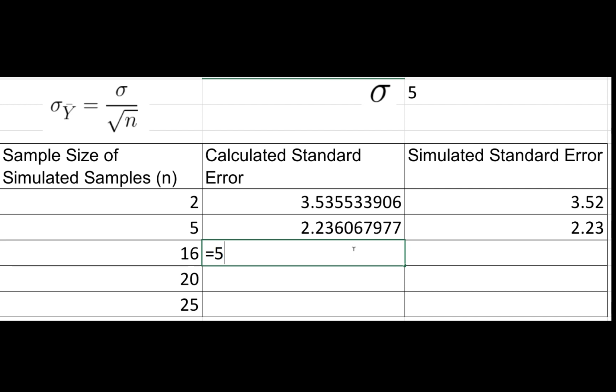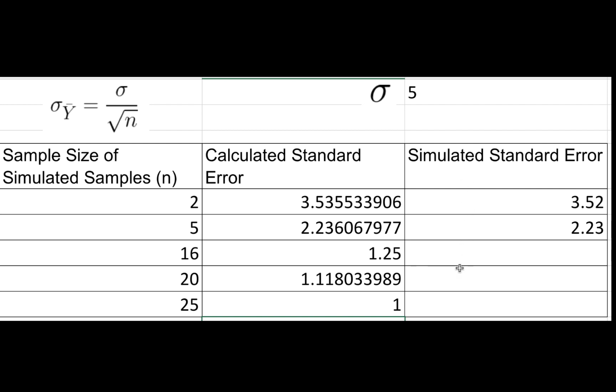It's going to be 5 divided by the square root of 16, and this is going to be 5 divided by the square root of 20, and this will be 5 divided by the square root of 25. Notice that these standard errors are becoming smaller and smaller. That means on average, the means are varying less and less and less, right?